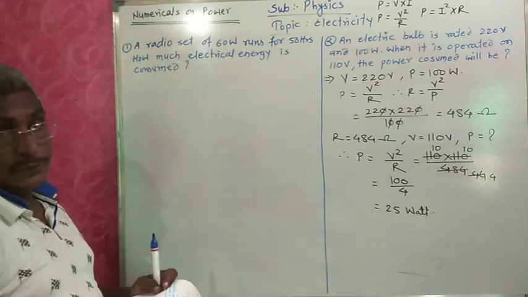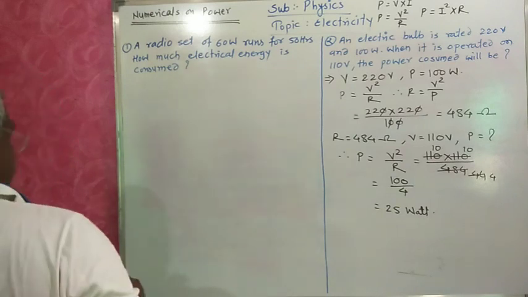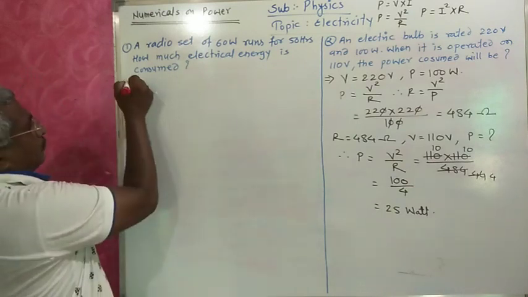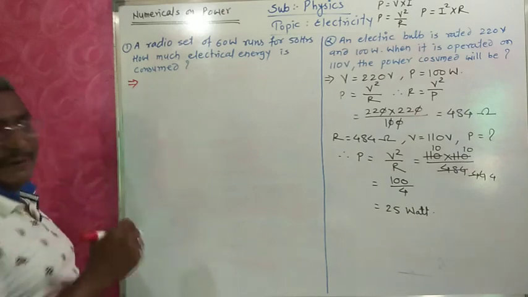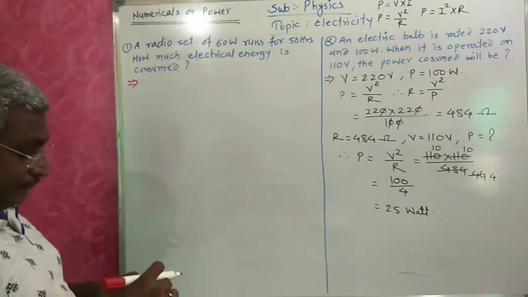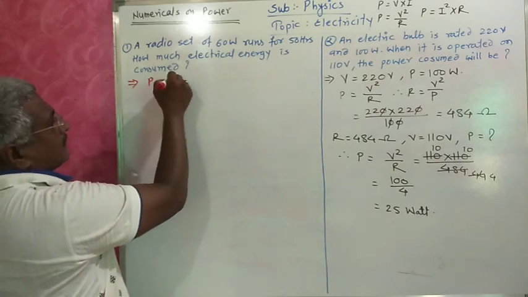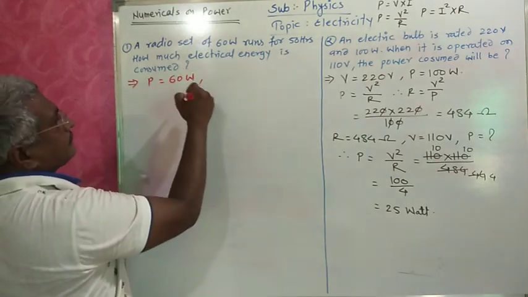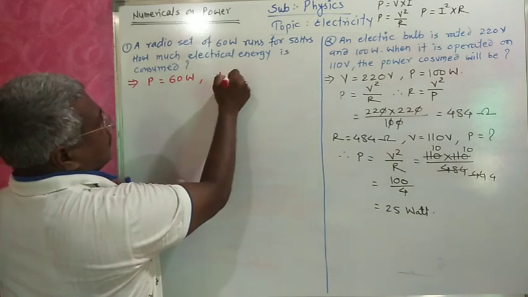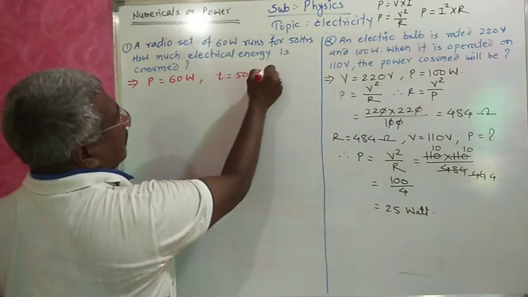Energy consumption. What is the formula? So first write down the given part, then we will study. So what is the given part? Power 60 watt. Time is given 50 hours.